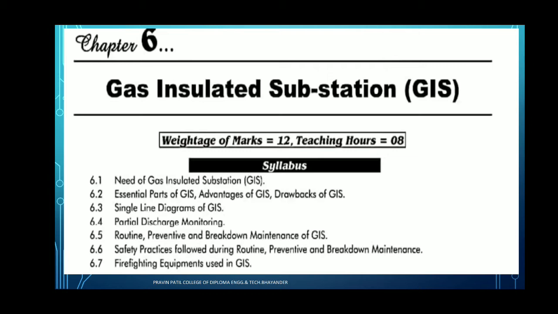Then firefighting components or firefighting equipment used in gas insulated substation. So these are the contents of chapter number 6. We have to see each and every content of gas insulated substation one by one.